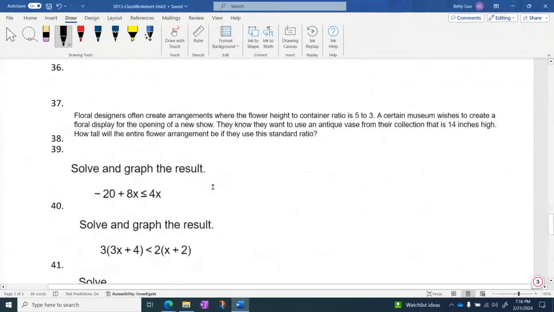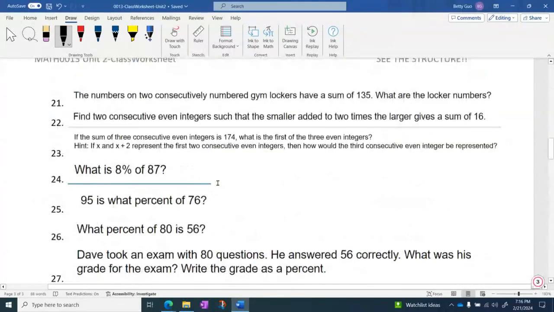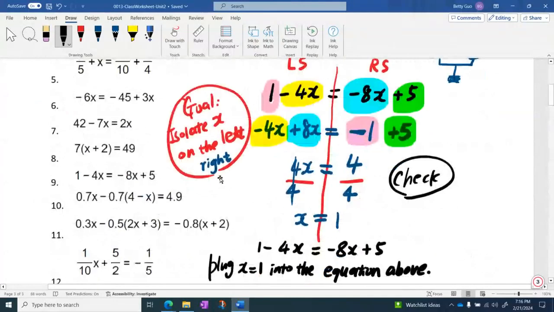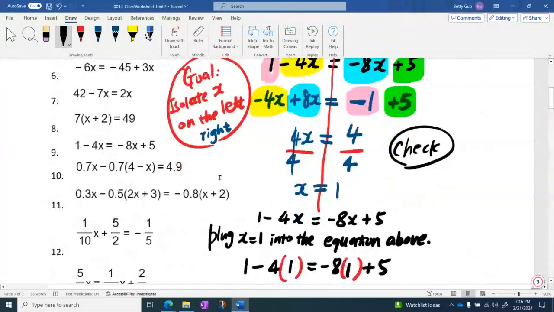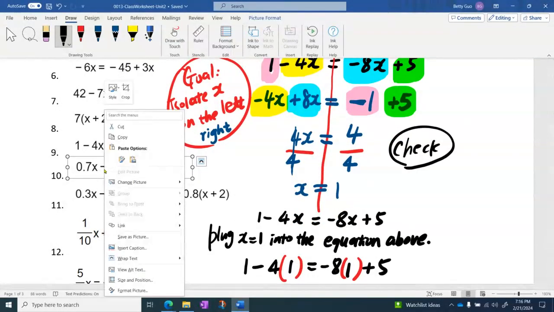Let's do a decimal. How about that? Let's do this one.